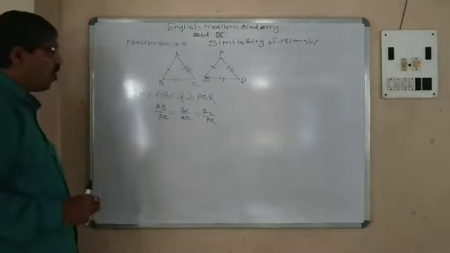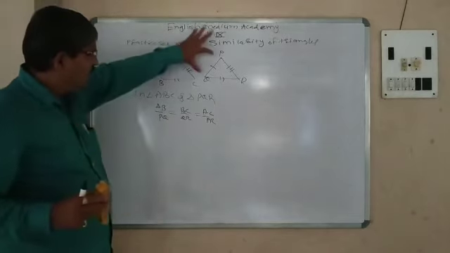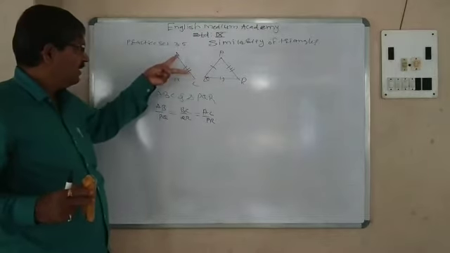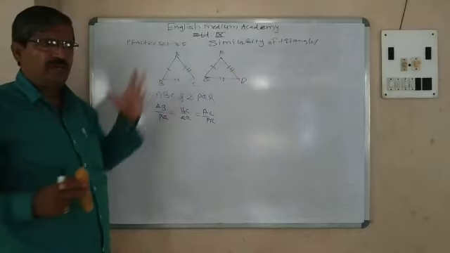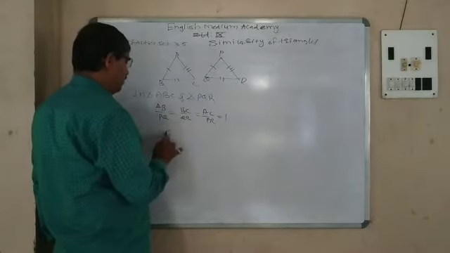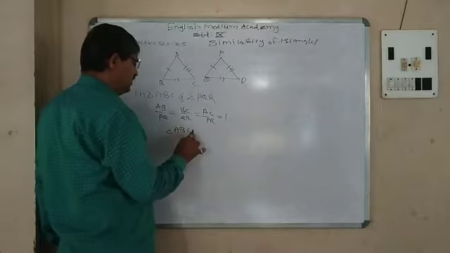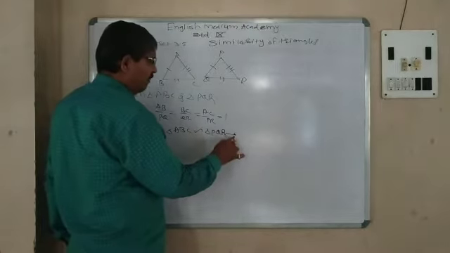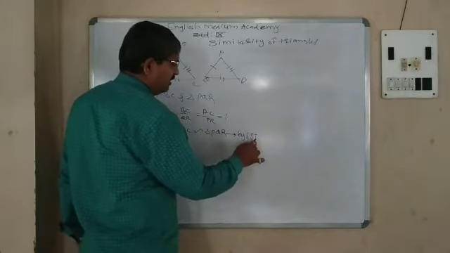This means the ratio AB upon PQ is equal to BC upon QR is equal to AC upon PR is equal to 1. Therefore, triangle ABC is similar to triangle PQR by the SSS test.